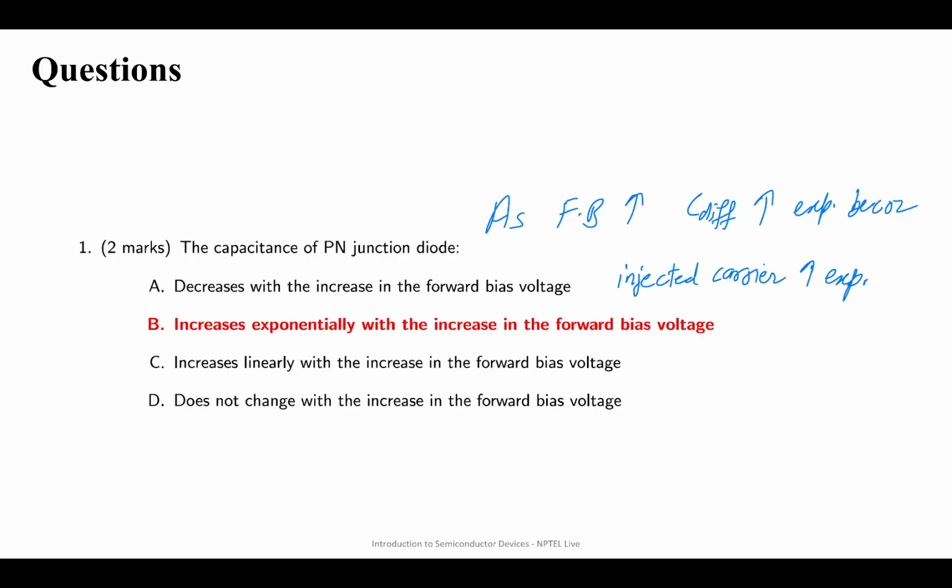The right answer would be increases exponentially with the increase in forward bias voltage.